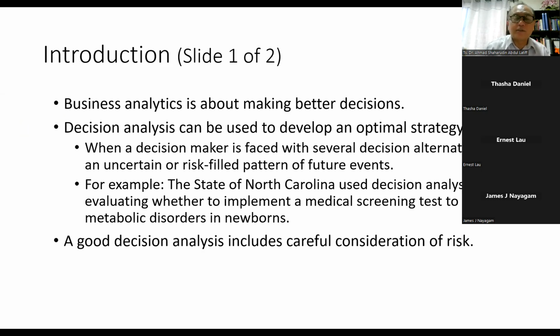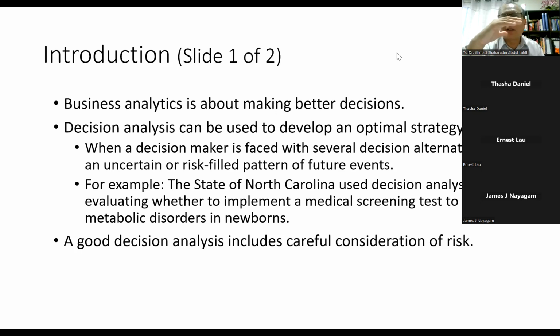So when a decision maker is faced with several decision alternatives or an uncertain or risk-filled pattern. We said just now there are three types of decision you can make based on certainty, where there are things for certain, you can use decision analysis, decision tree, and so on to make decisions.